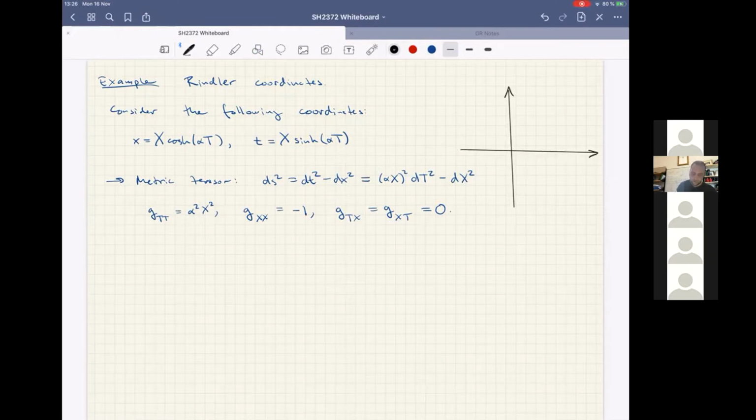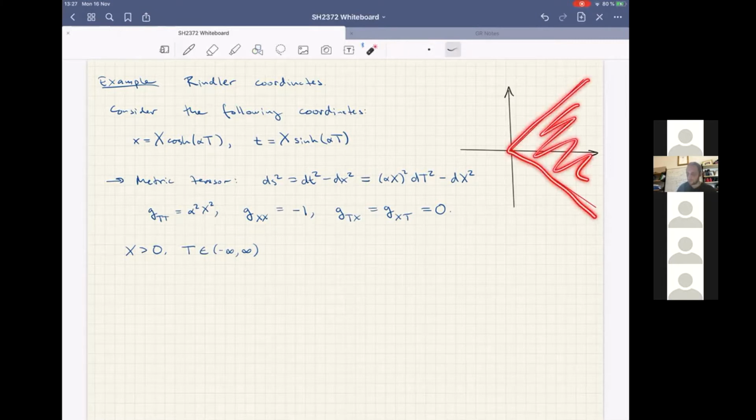So if we take now the coordinates x to be greater than 0 and t to be from -infinity to infinity, then the region that we're going to describe with this coordinate system is going to be the following. So we are going to describe the region to the right here, this quadrant of Minkowski space.